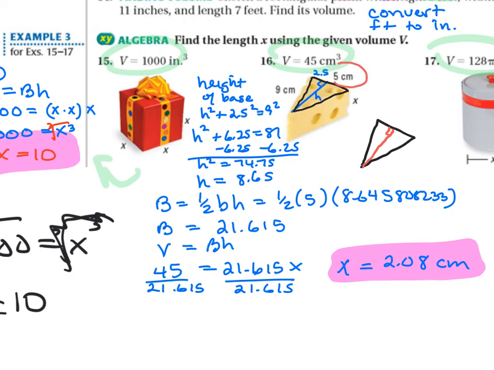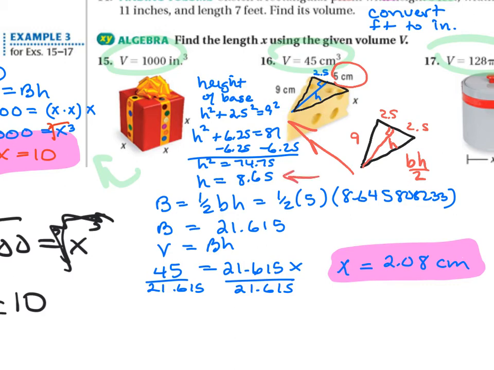I'm going to take this 5 and split it into 2.5, 2.5. And now I did Pythagorean Theorem over here. And then this height, which is right here, I need because I need to do base times height, divide by 2 to get the area of the base.